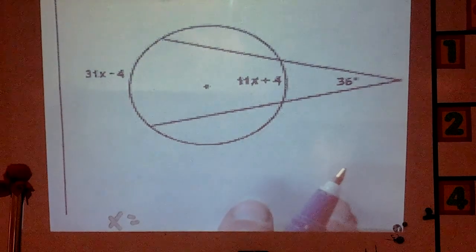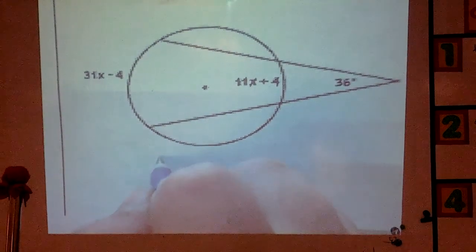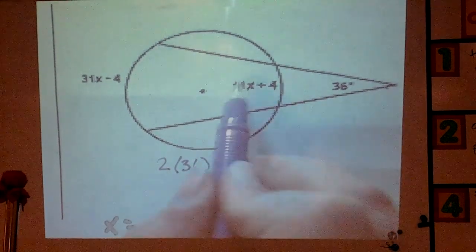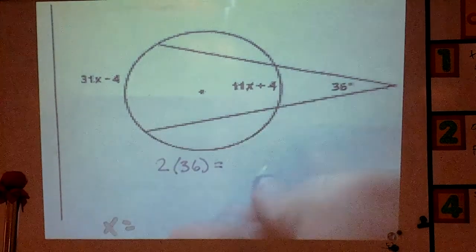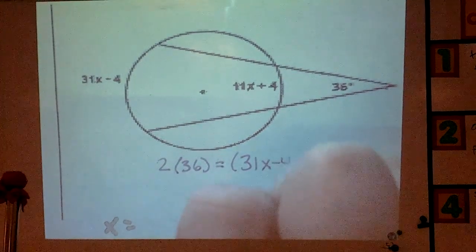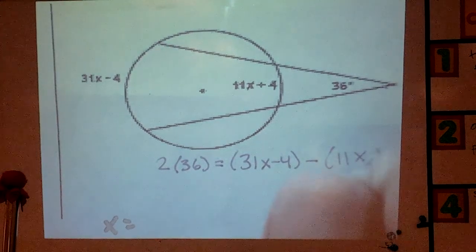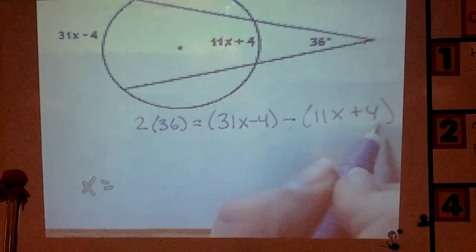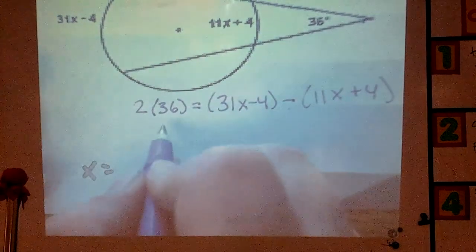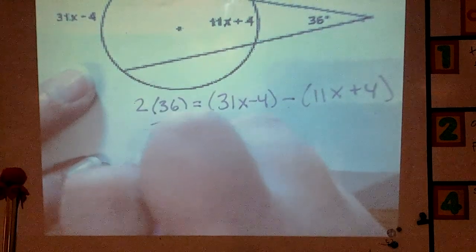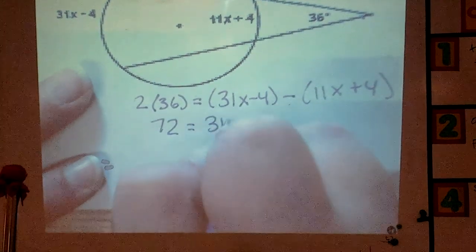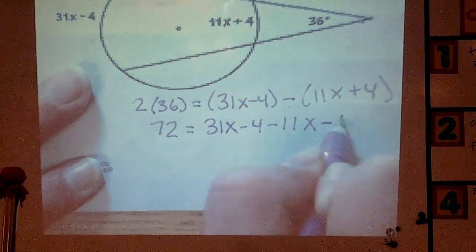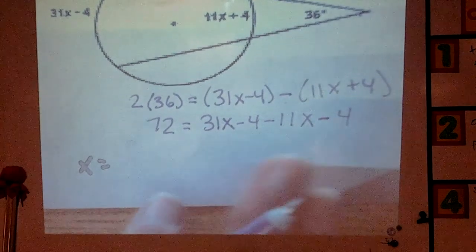Hopefully now these are seeming like the same thing over and over. 2 times your angle equals, the angle is outside my circle. So I do my far arc minus my near arc. I have subtraction. I have parentheses. I need to be very careful about distributing. So 2 times 36 is 72. Change my signs in my second expression. Make sure you change that to a -4. Most people remember the minus 11x.